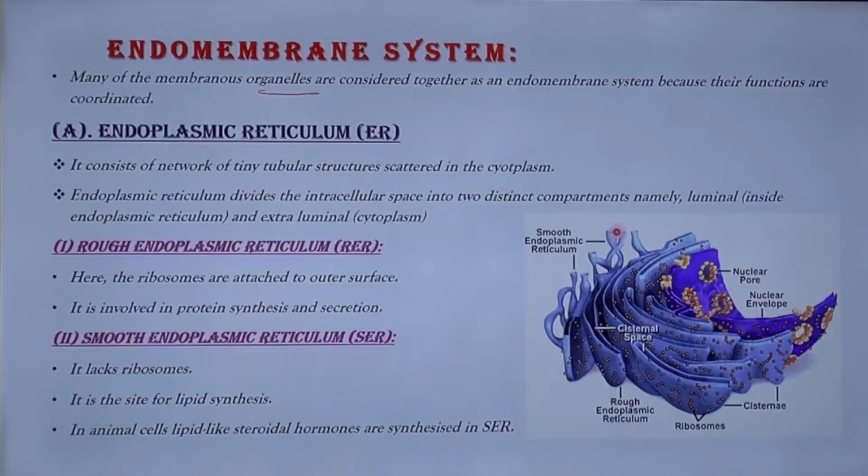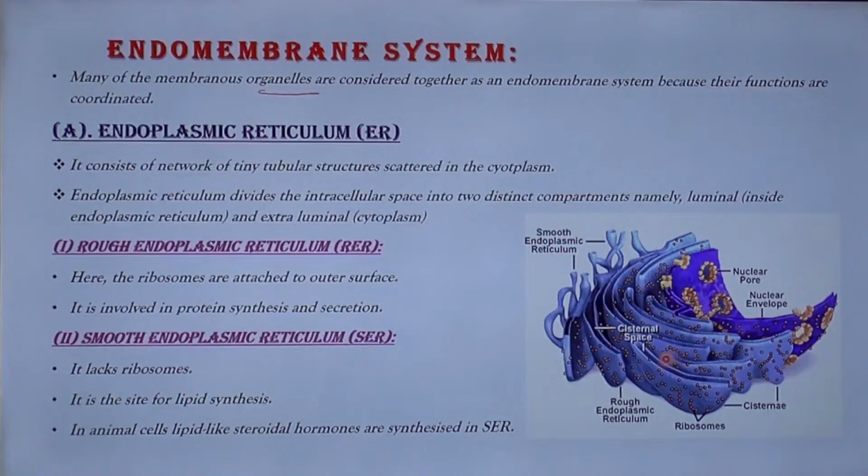If ribosomes are present, it is called rough endoplasmic reticulum. Without ribosomes, it is called smooth endoplasmic reticulum. The endoplasmic reticulum consists of two types, RER and SER. RER means rough endoplasmic reticulum, SER means smooth endoplasmic reticulum.